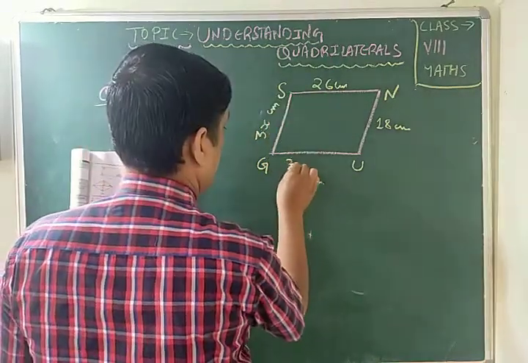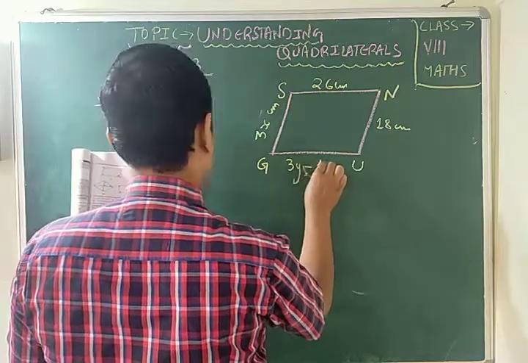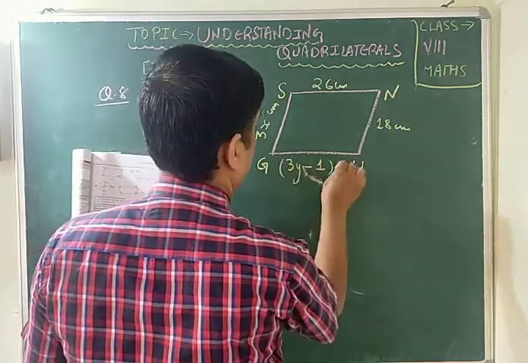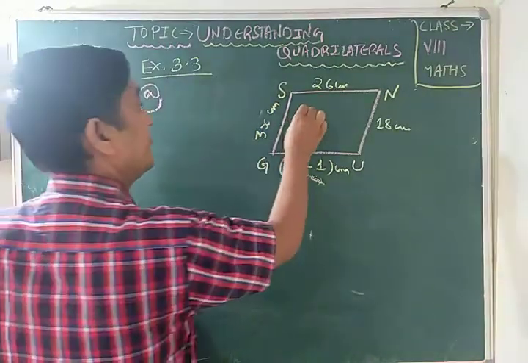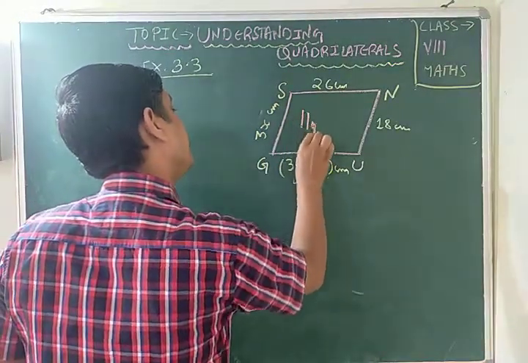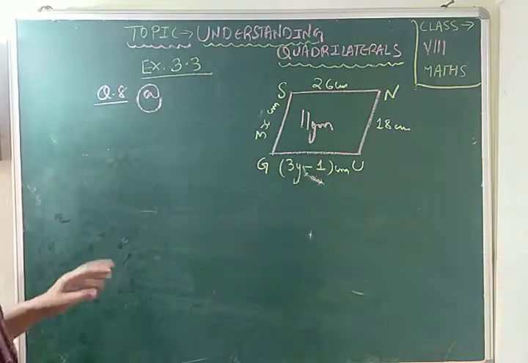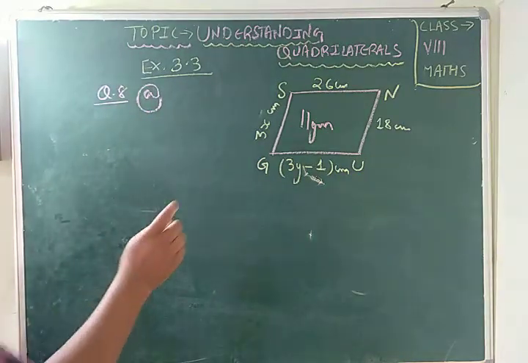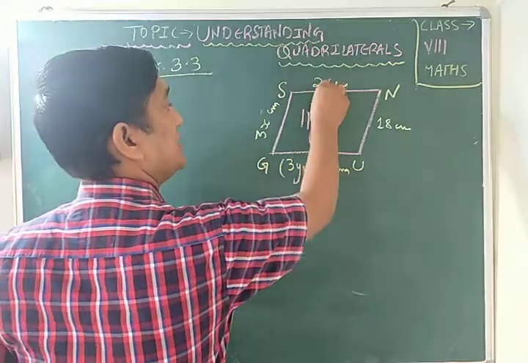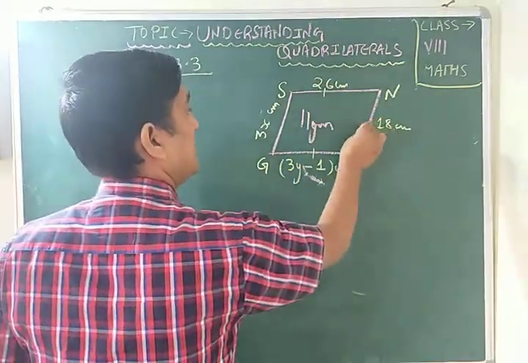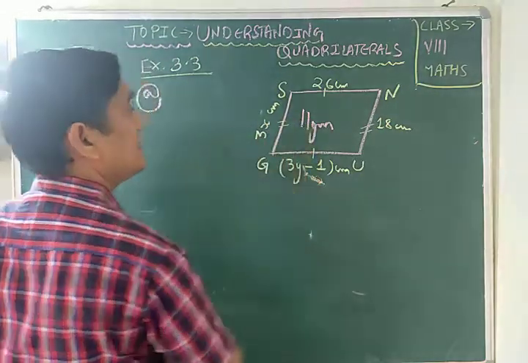And this is 3y minus 1 centimeter. Now, children, this figure is what? This figure is parallelogram. Now, we know that in the parallelogram, opposite sides are equal. This side is equal to this side and this side is equal to this side.